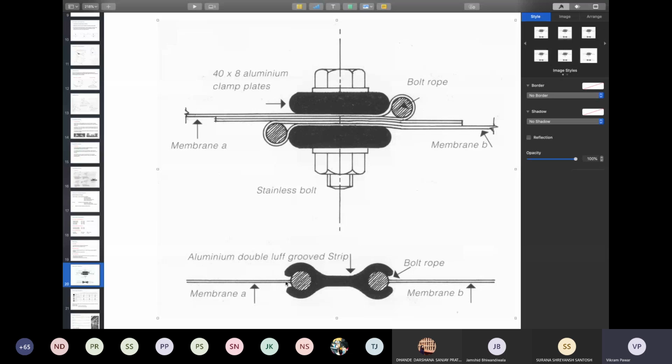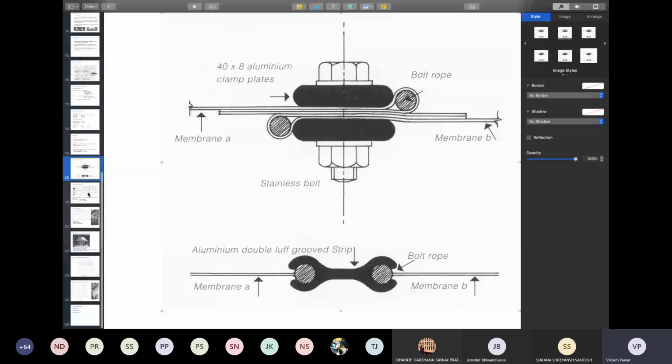Once that is done and you have this rope, you just slip this bolt rope into this luff groove strip. So you can do this, or you can do this. This will be patented and customized, whereas this you can do using all the parts which are available in the market.